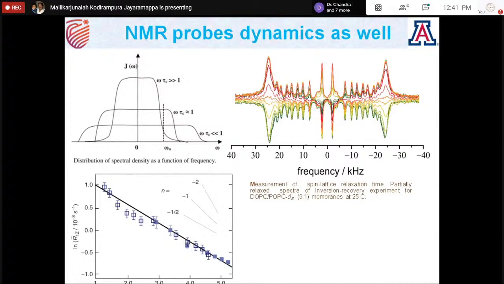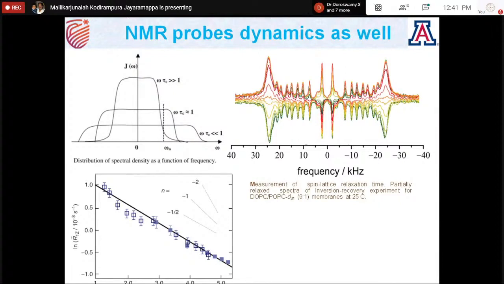For example, as we showed in the very beginning, the energy difference between two levels can be changed as a function of the strength of the external magnetic field. If I keep changing the magnetic field strength, then I can measure NMR of the same system as a function of different frequencies.